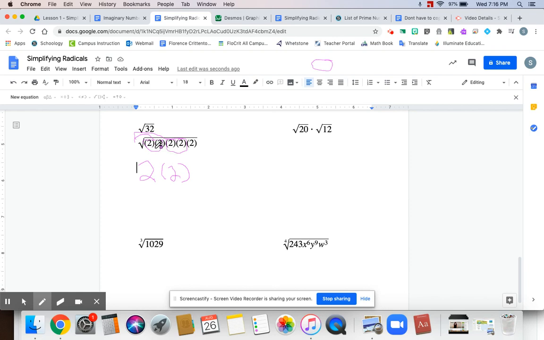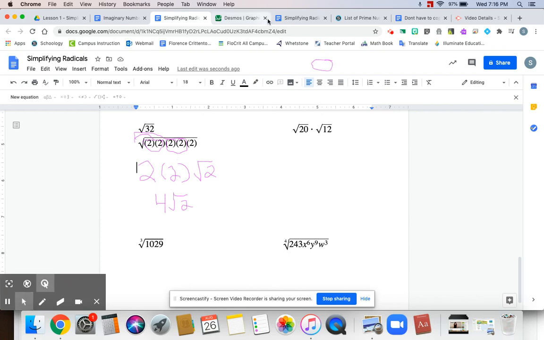So now, since there are 4 2's inside, 2 came out outside. There's still 1 left in the square root. So now we combine the 2 on the outside. 2 times 2 becomes 4. And then you still have the square root of 2 after that.